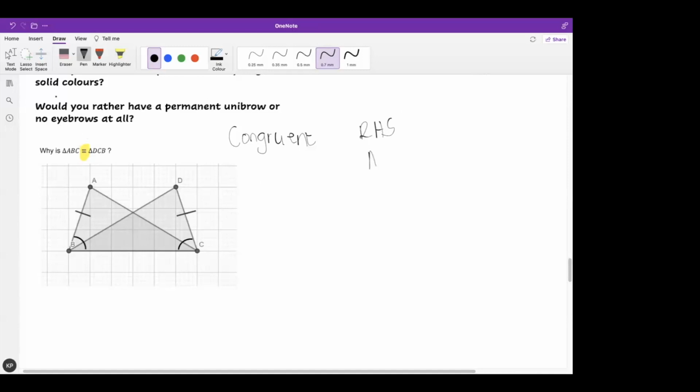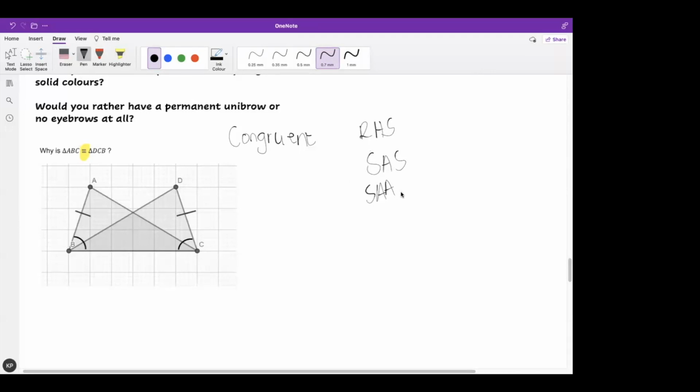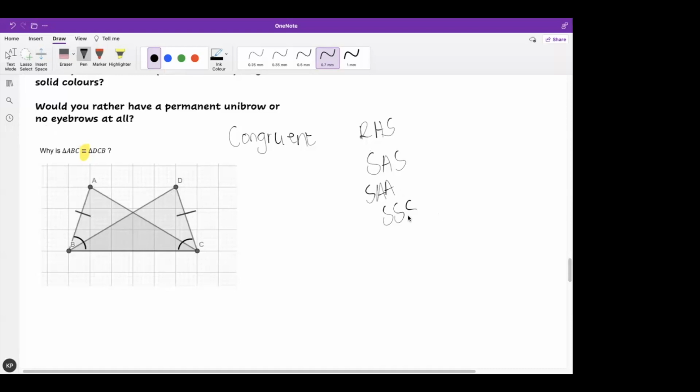ASA, angles, isn't it side angle side? SAS. Oh, this was side angle angle. Yes, that's true. Nice. Last one is triple S: side, side, side. This time they are absolutely equal, right? Not in proportion.